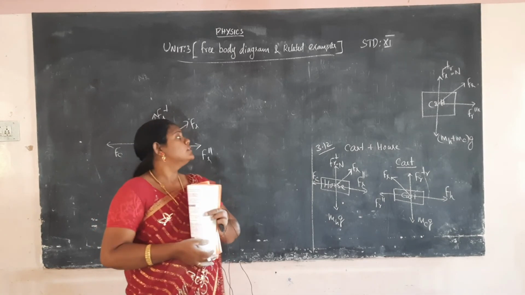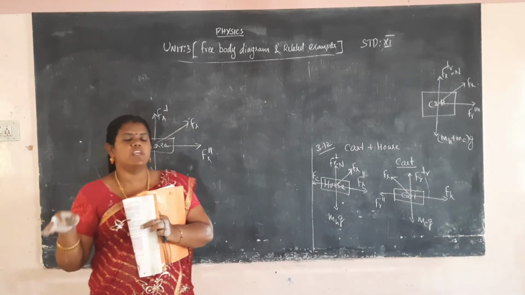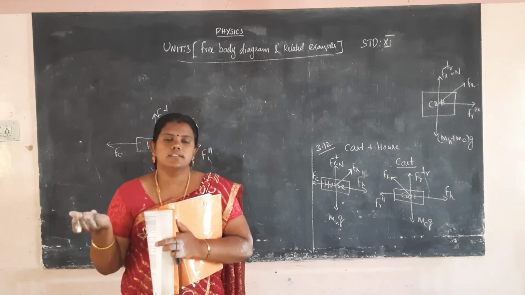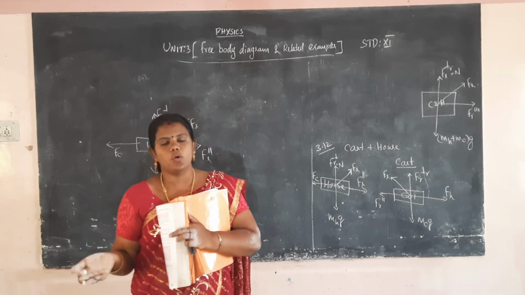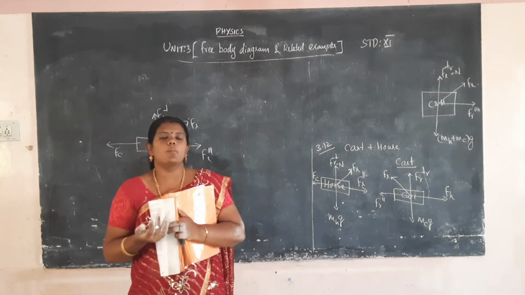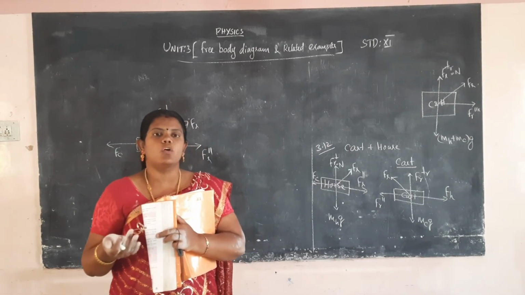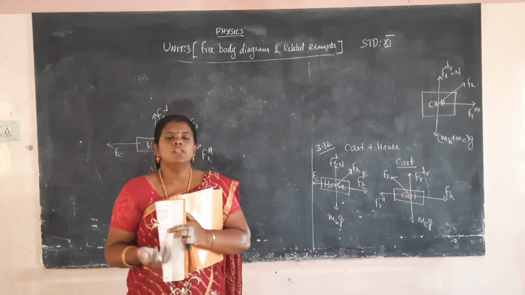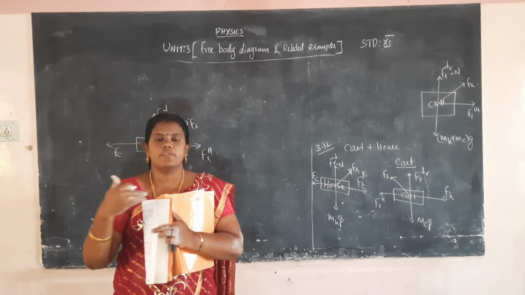In the to and fro motion we consider the horizontal and vertical components, or parallel and perpendicular components, mg sin theta and mg cos theta. The parallel component is mg sin theta and the perpendicular component is mg cos theta. So T is equal to mg cos theta, this is the way it is explained.